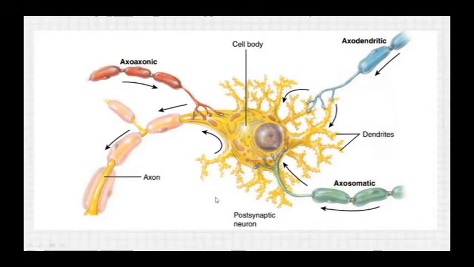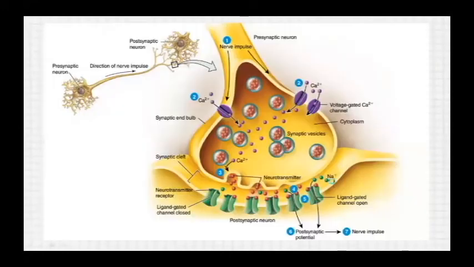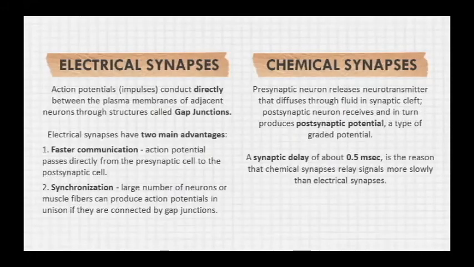And there are also two kinds of synapses depending on their potentials. It could be either electrical synapses or chemical synapses. First is the electrical synapses. These are action potentials that conduct directly between the plasma membranes of adjacent neurons through structures called gap junctions.